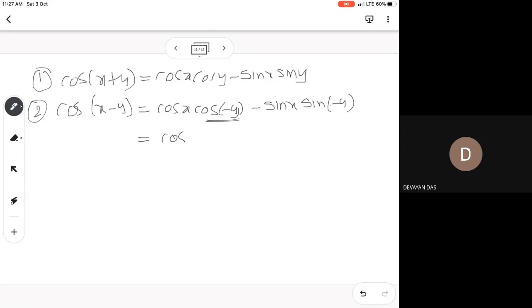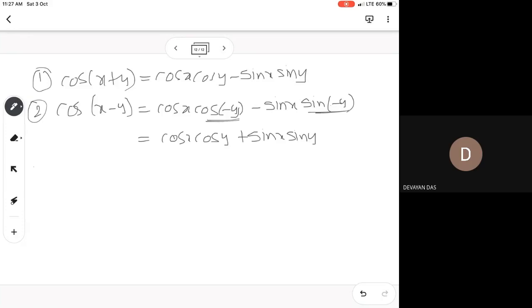So we are going to get cos x cos y plus, because sine of minus y is equals to minus sine y. So minus and minus will become plus. Then you are going to get sin x sin y. So cos x plus y is equals to cos x cos y minus sin x sin y. Cos x minus y is equals to cos x cos y plus sin x sin y.